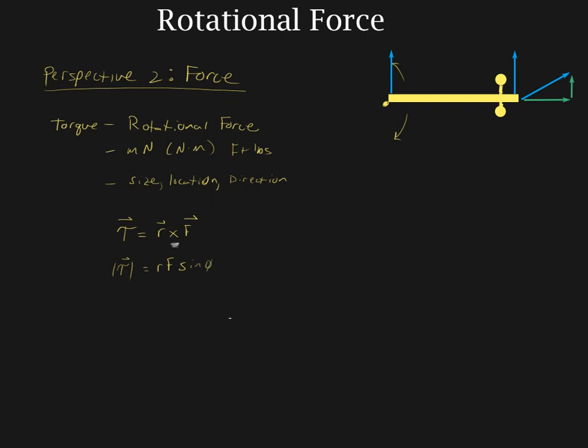So just like when we did work, we said work was equal to F times D times the cosine of phi. We're going to have the same thing with torque. This here gave us the component of F which was parallel to D. Well, this angle phi also was the angle between the two vectors, so phi was determined by the force and the displacement vectors placed tail to tail, and phi was the angle between them.